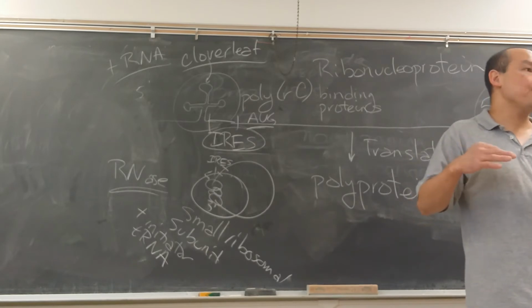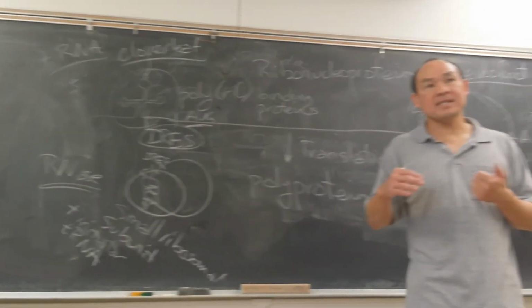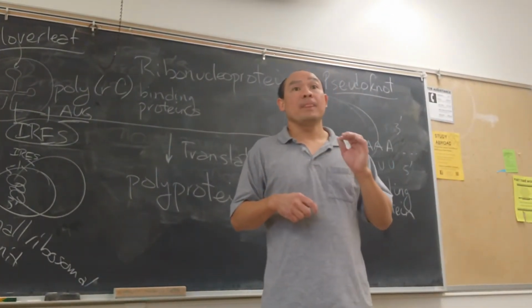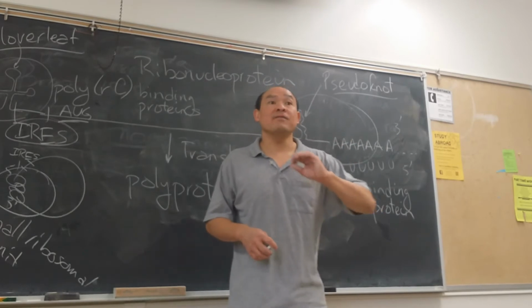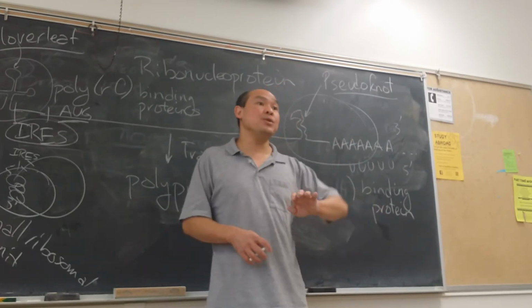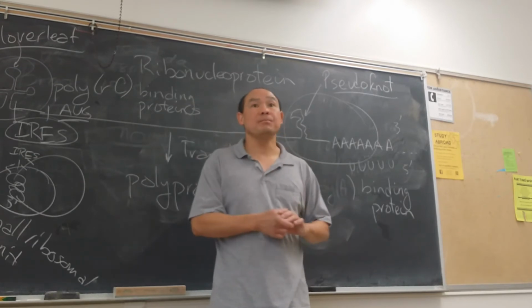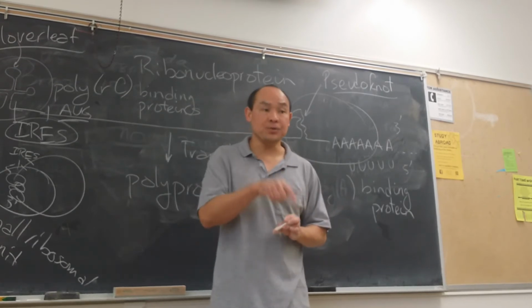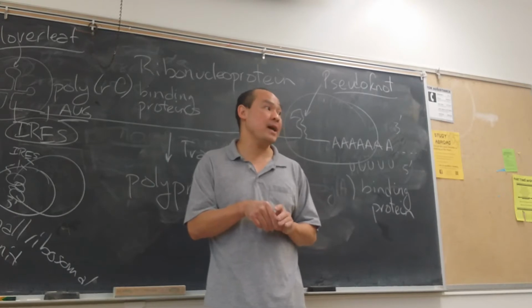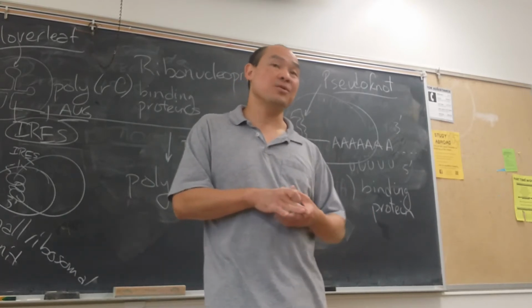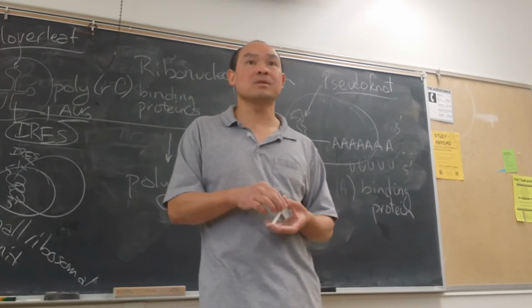At the same time, because viruses tend to take over the host system, the translation of host mRNA will be reduced down to next to nothing as well. And the virus has to be able to induce that. So the virus will slow down the host machinery's production of host proteins.